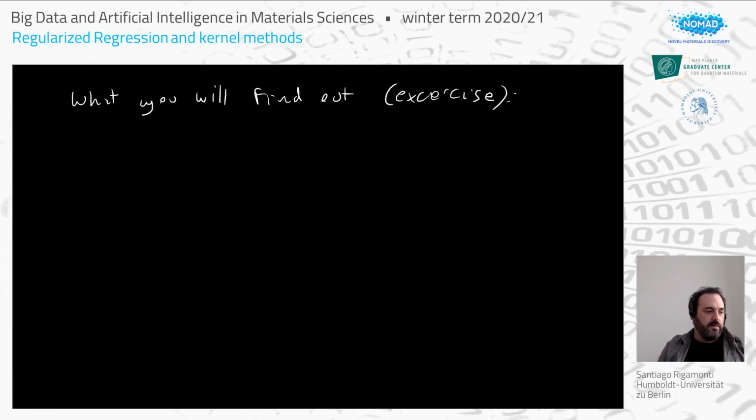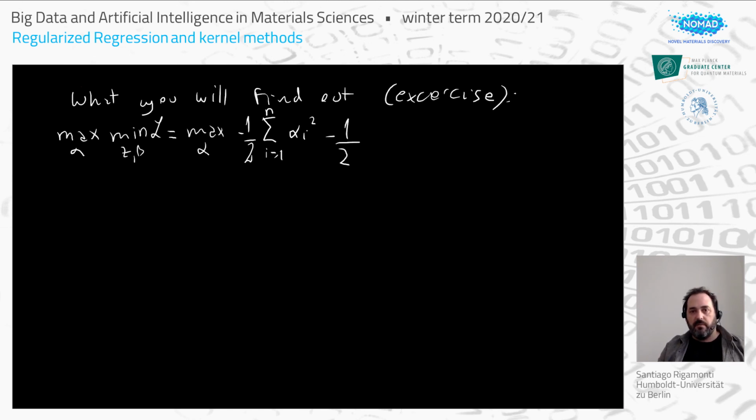You will end up solving the maximization over alpha; the minimization over beta of the Lagrangian is actually equal to the maximization over alpha of something that depends only on alpha: minus 1/2 the sum from i equals 1 to n of alpha_i squared, minus 1 over 2 lambda the sum over i, j of alpha_i alpha_j, and now let me use the kernel.